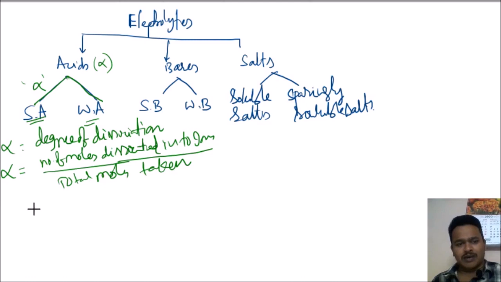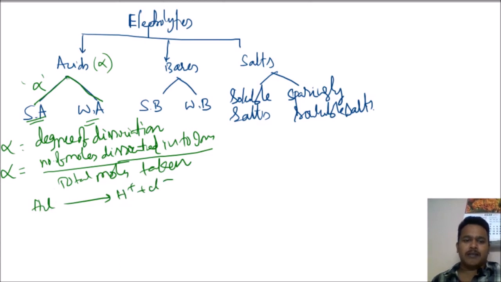For example, for any acid, take HCl, just for understanding. Initially I am taking 100 moles of HCl. At time t equal to 0, there is no ionization.